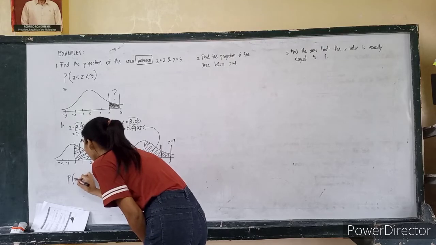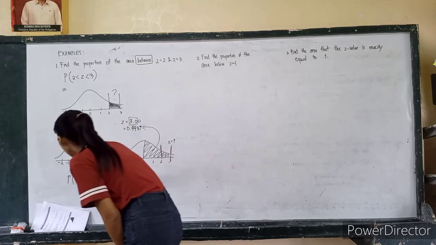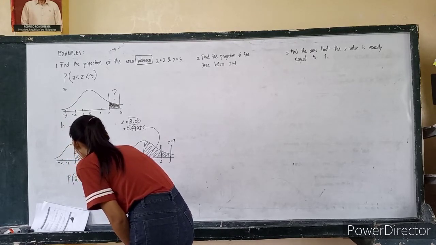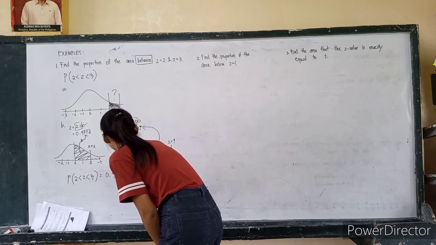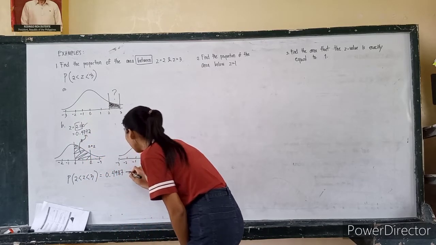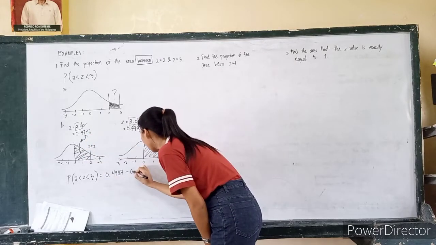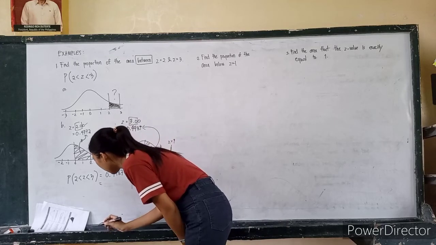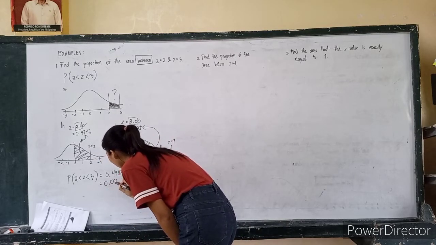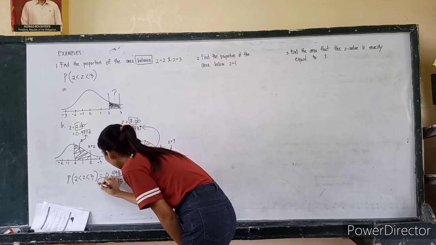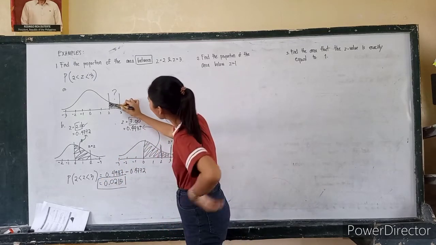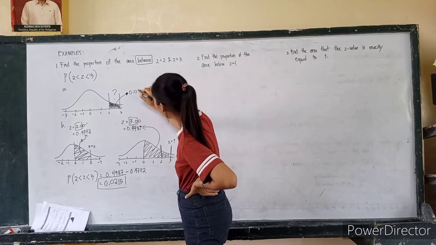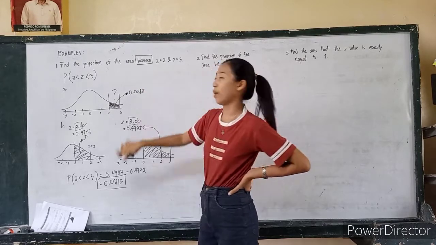So the probability of 2 < Z < 3 is equal to 0.4987 minus 0.4772. The answer to that would be 0.0215. This small portion here is equal to 0.0215.